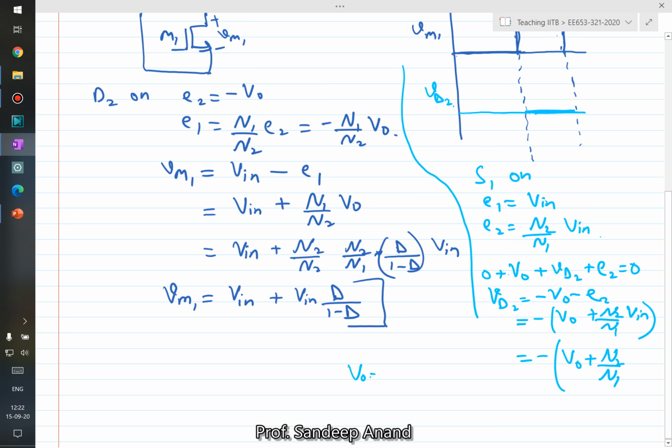I know VO is equal to N2 by N1 times D upon 1 minus D. So let me substitute for Vin from this equation into this equation. Then this term would become VO upon D into 1 minus D.